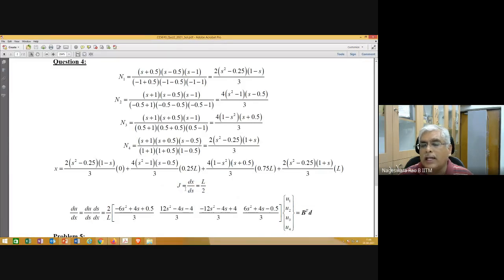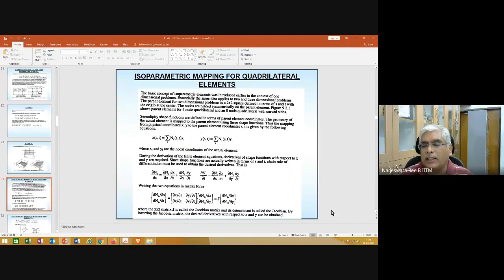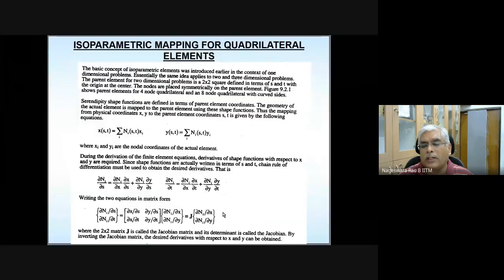So J is connecting the derivative of x to the derivative of s. Same thing here. J is connecting the derivative of the shape function with respect to s and t to x and y. So please take a note of it.